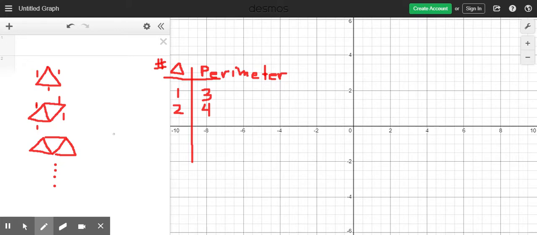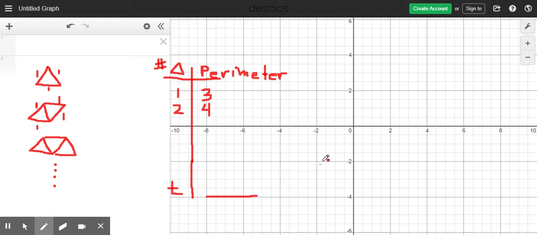Okay, so your task is to look every time a triangle is added, what happens to the perimeter, and can you write an algebraic expression for t number of triangles? So fill out the table, several more stages till you can figure out the pattern, and then say if there are t triangles, what would that perimeter be?